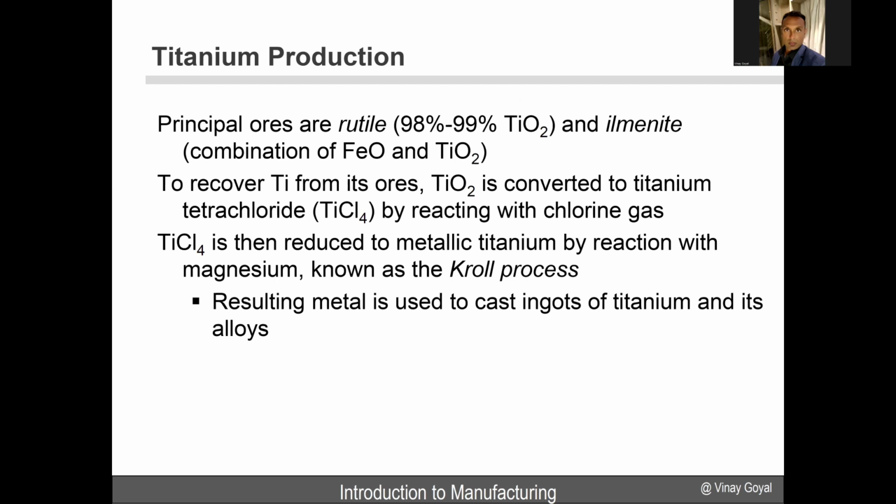To recover titanium from the ore, you have to take this system and convert it to titanium tetrachloride by reacting with chlorine gas. And then that tetrachloride is reduced to metallic titanium by reaction with magnesium, which is known as the Kroll process. The resulting metal is then used to cast ingots of titanium and its alloys.